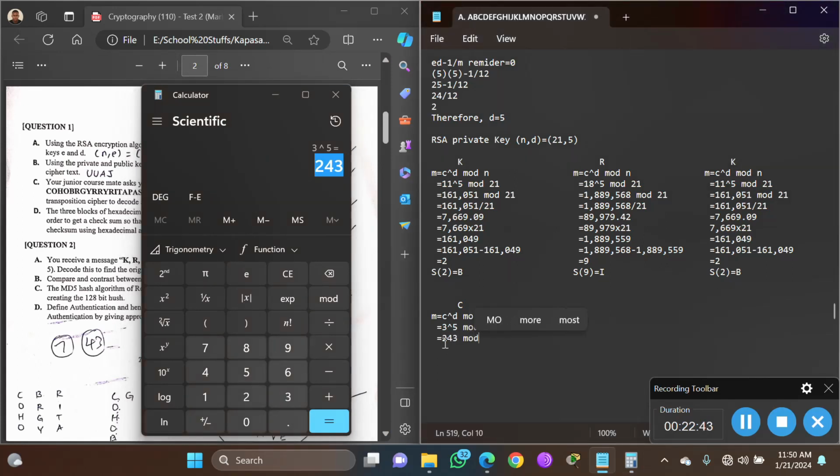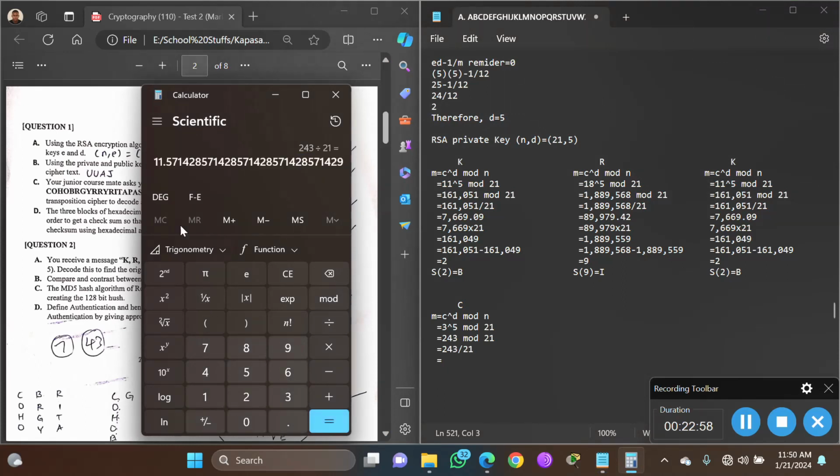Then mod 21, which can be represented as 243 divided by 21, but we are only interested in the remainder. To 2 decimal places it is 11.57. Then we get rid of the remaining decimals with 11, then we say times the denominator, which is 21.